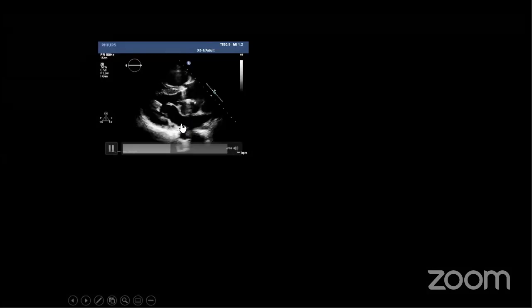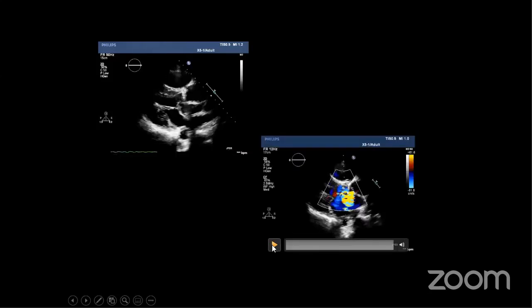Thank you, Dr. Haitham. This is his transthoracic echo. Here you can find another third cavity between the aorta and the left atrium. This is the color duplex here. You can find a flow going through this cavity.